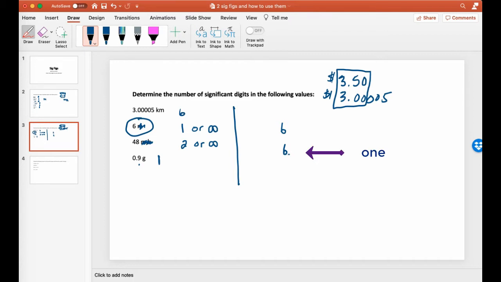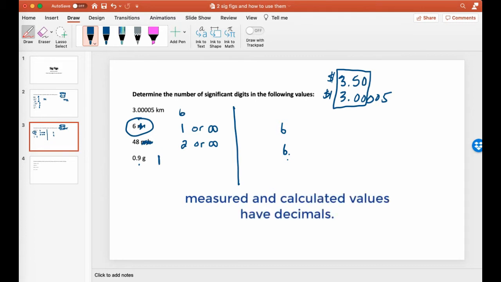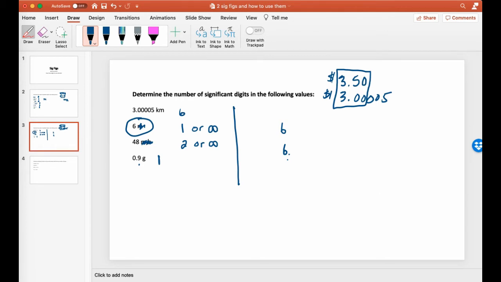I would not say infinite. This right here is 1. This is 1 or infinite. And the difference is that decimal. When you have a decimal, you have a measured value. A tool was used to measure it, and then some sort of calculation was done that got that value. That's what decimals do. The decimals go back to that concept of precision.